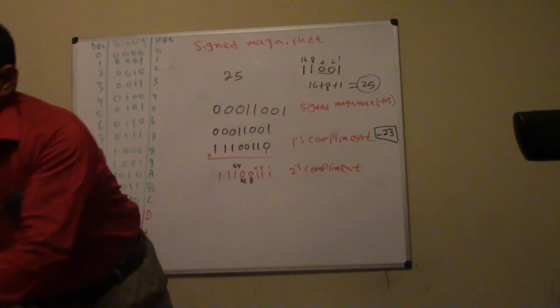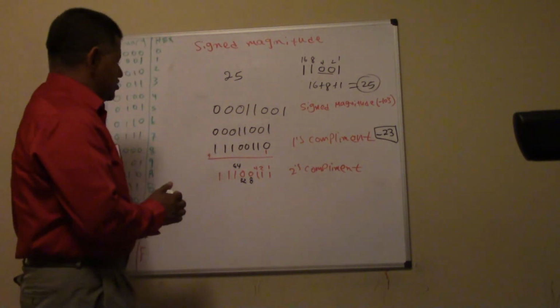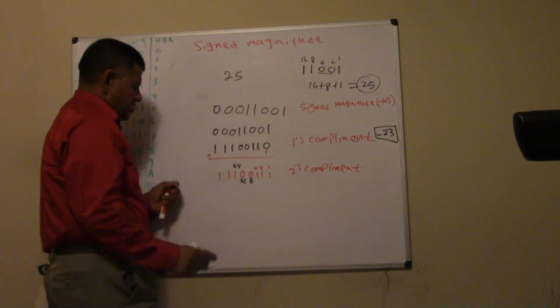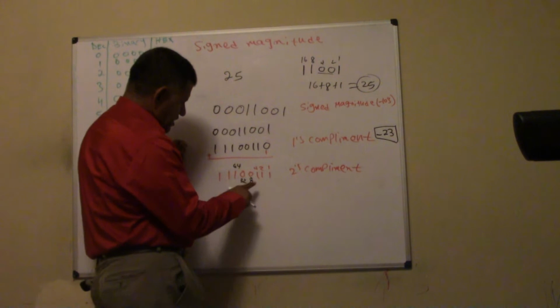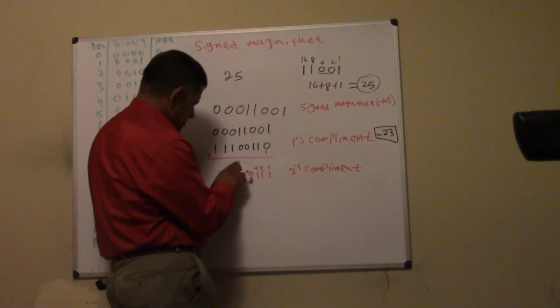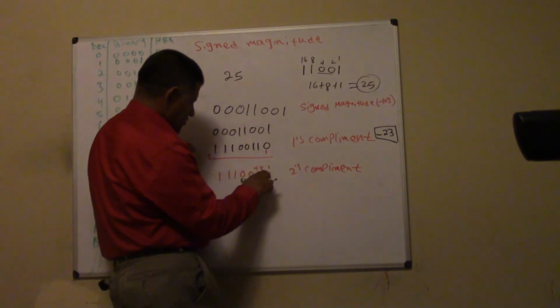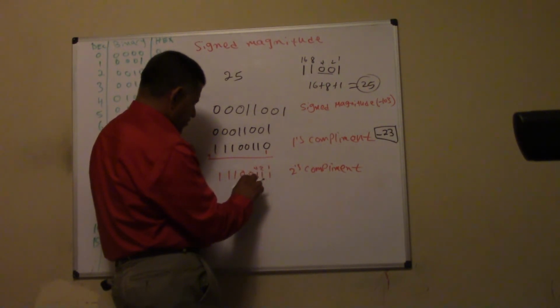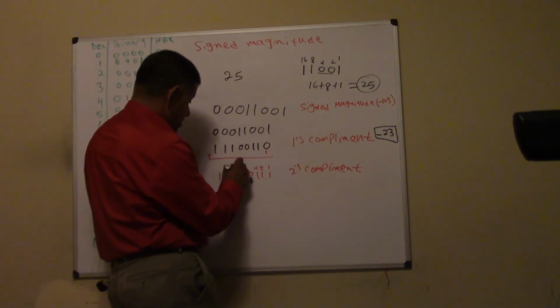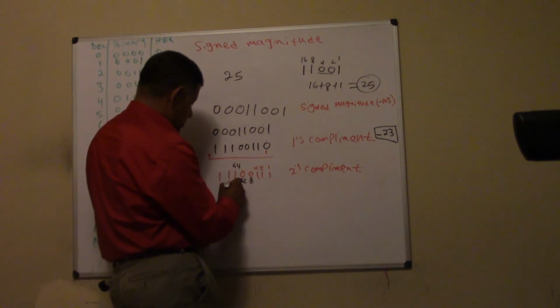But let me just verify this quickly here. So here we get 1, 2, 4, 8, 32, 64, 128.